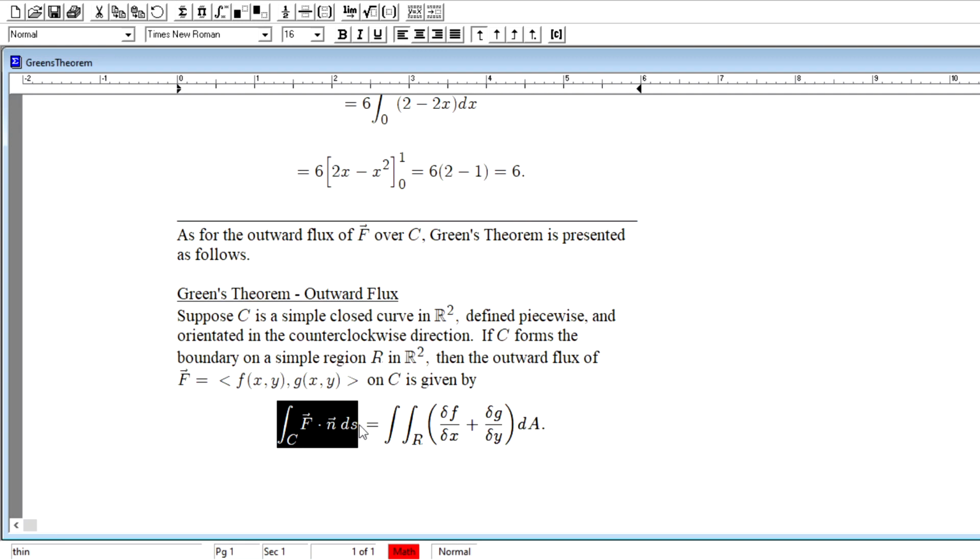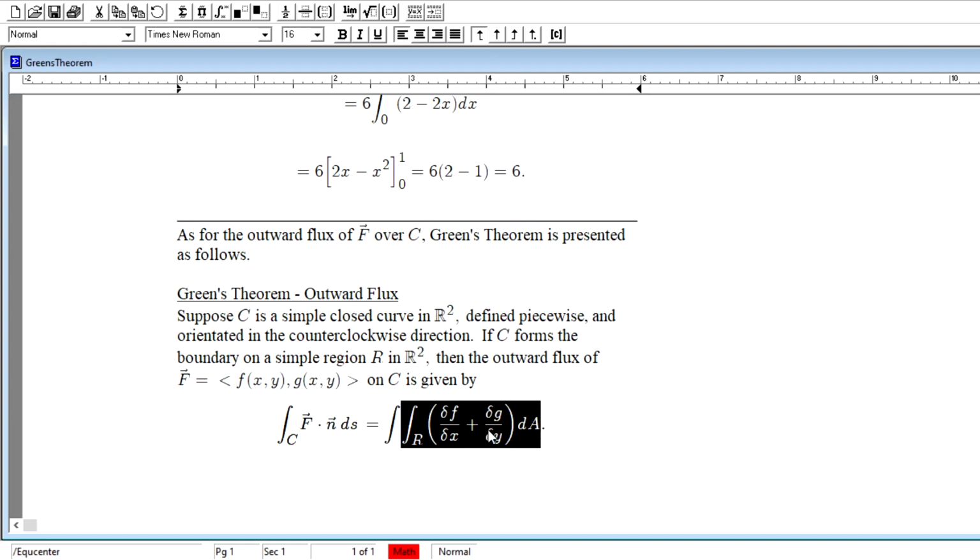We can now approach this line integral calculation for the outward flux of this field across the curve C as really just a double integral calculation over the region R defined by this curve C.